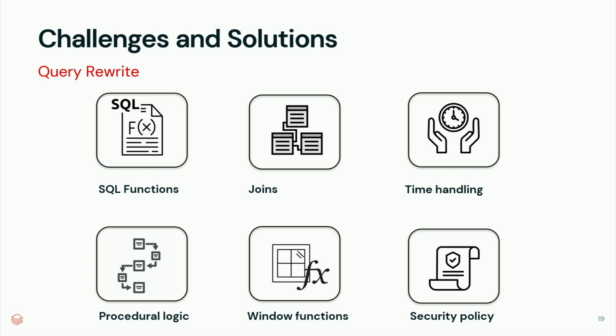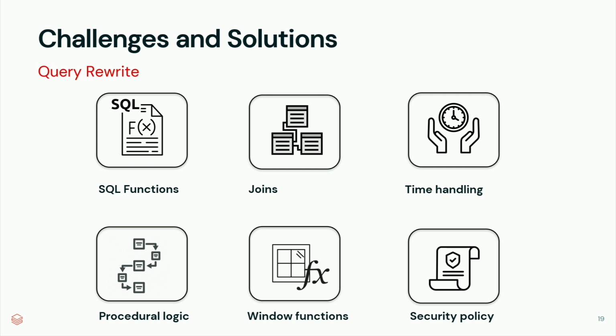So this was another area of translation, gaining better visibility and easier maintenance. And with window functions, subtle syntax differences required exact translation. So we built an automated testing framework to validate identical behavior post-migration. And lastly, we mapped all the security policies to the Unity Catalog, preserving compliance and gaining finer access controls.